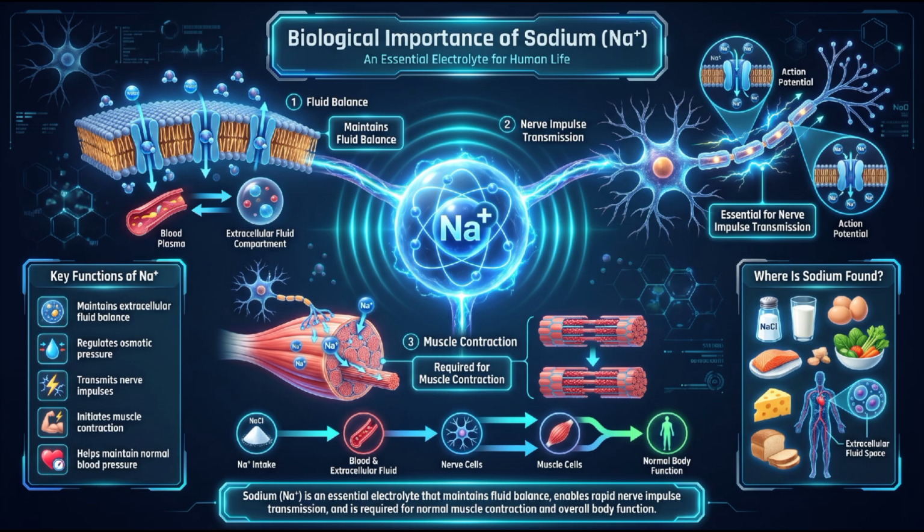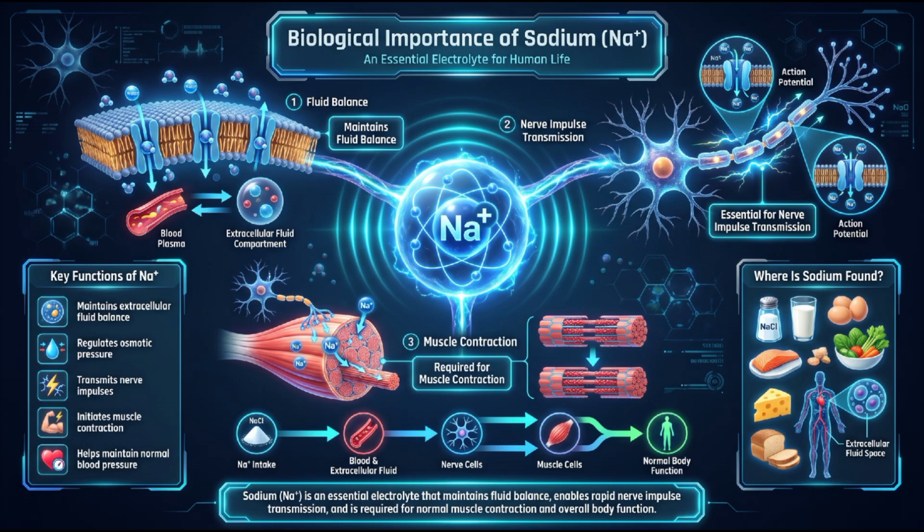Symptoms include weakness, fatigue, muscle cramps, headache, confusion, nausea, and in severe cases seizures or coma. On the other hand, excessive sodium intake, known as hypernatremia or chronic high sodium consumption, may lead to dehydration, increased blood pressure, cardiovascular disease, and kidney problems. Therefore, maintaining a balanced sodium intake is essential for normal body function.